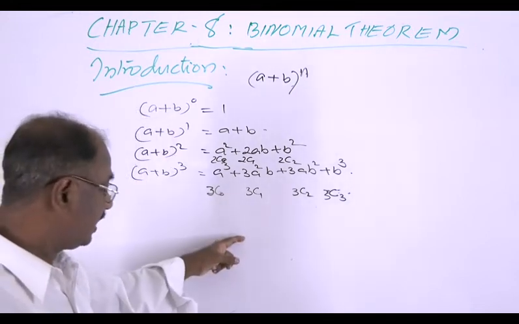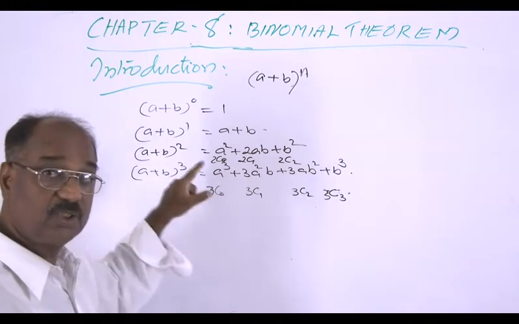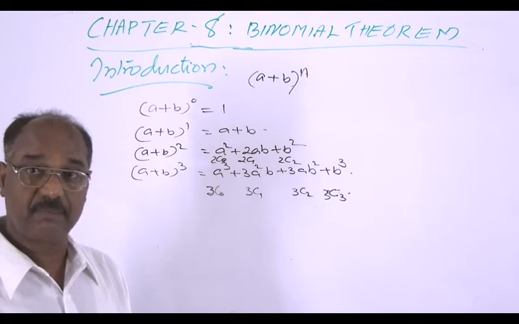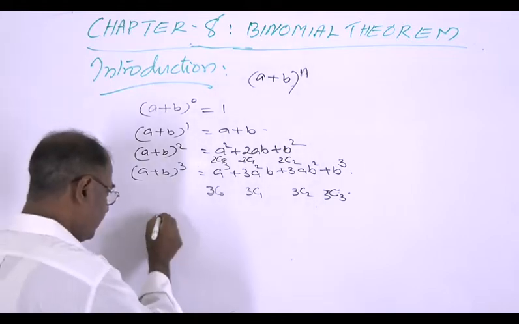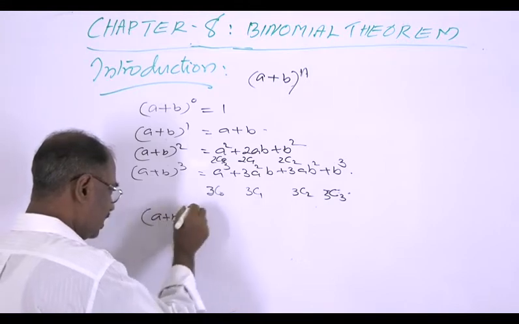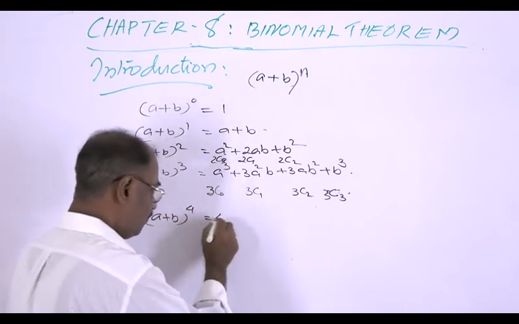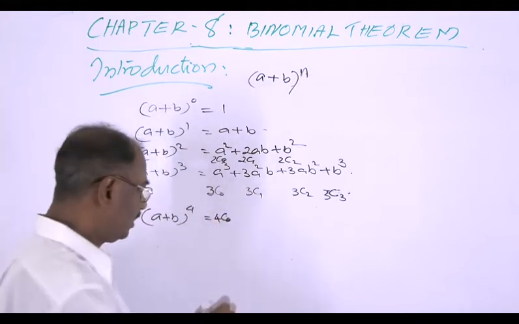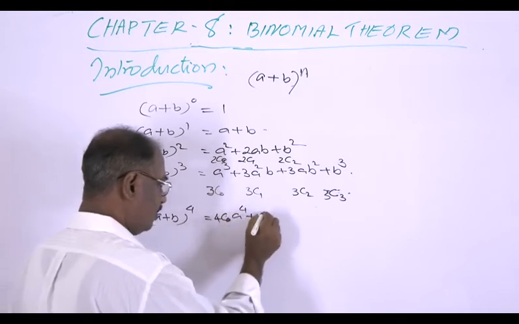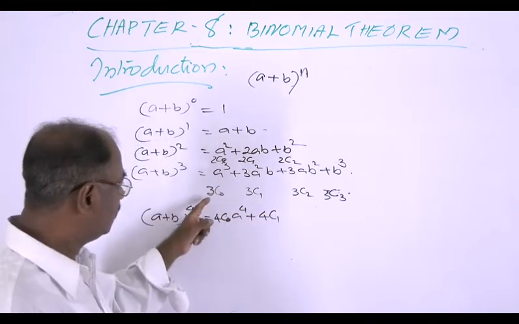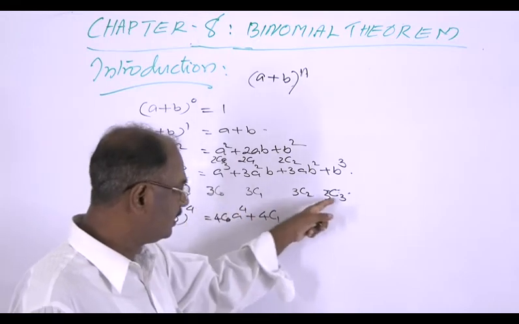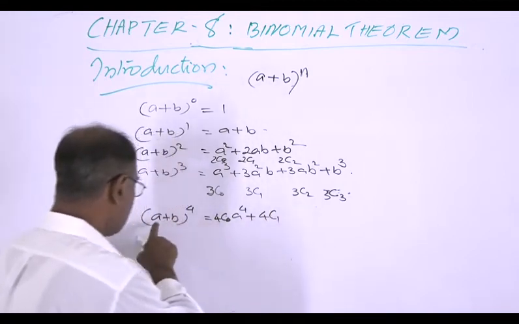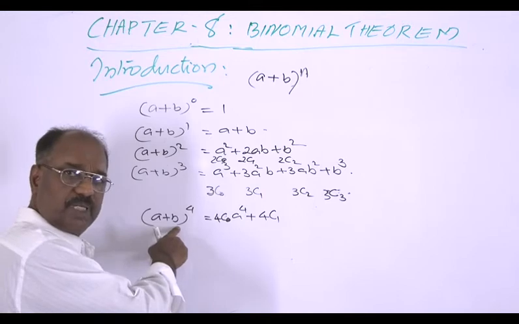And in this way we can write A plus B all raised to 4 very easily using these properties we have discussed. So the form of A plus B all raised to 4 will be 4C0, which is 1, A raised to 4, plus 4C1, increasing in this way as 3C0, 3C1, 3C2, 3C3. 4C1, then the power of A reduced by 1, the power of B increased by 1.